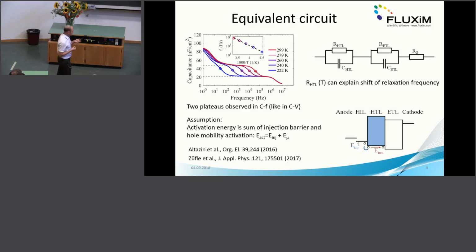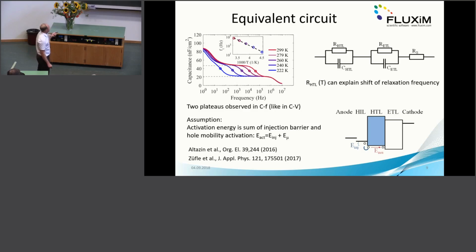In a very simple equivalent circuit model, this can be already explained. So if we look at these two layers as two RC elements, if we increase the conductivity of the whole transport layer, or if we decrease the resistivity versus temperature, this directly introduces this shift of the relaxation frequency.